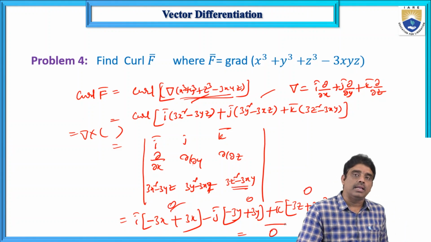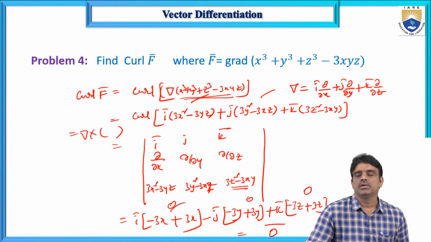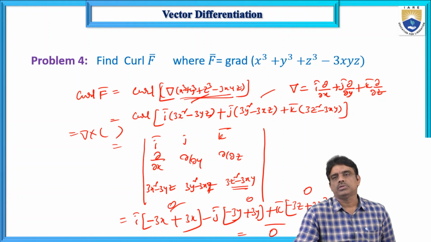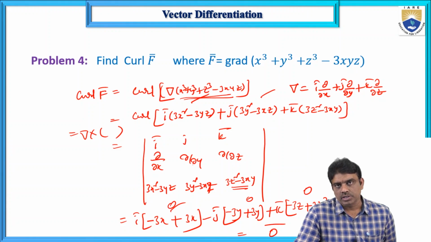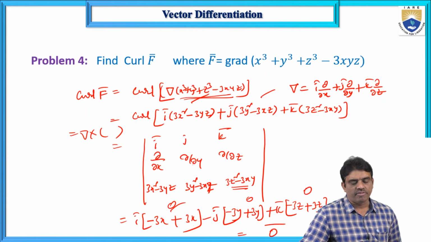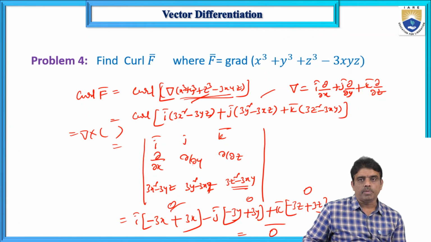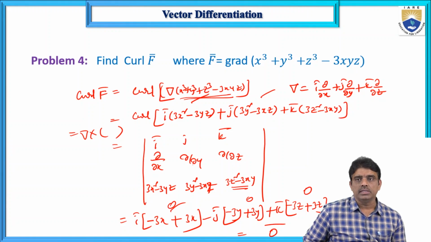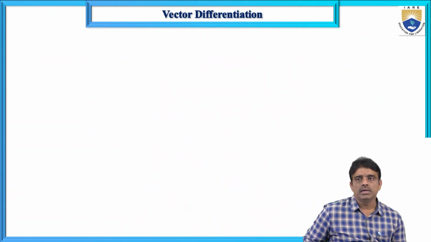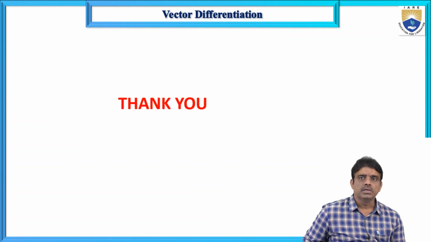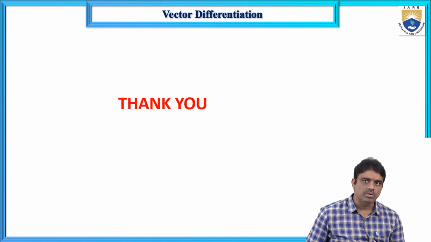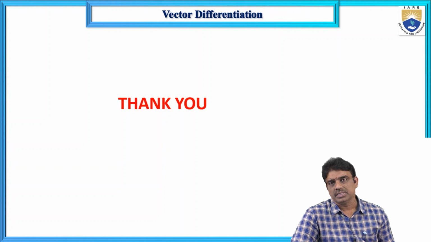Because it is a curl, you should always write 0 bar, because it denotes that it is also a vector point function. The curl of f bar is always a vector point function. So we have seen three different problems applied on the repeated operations of del.